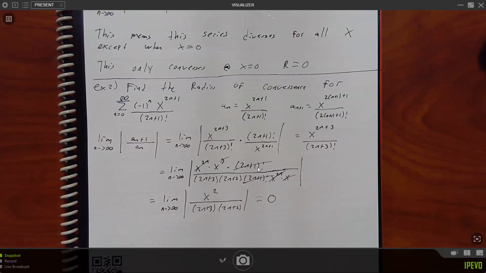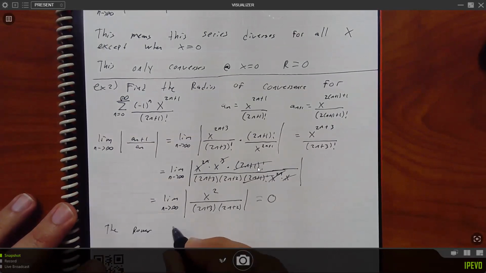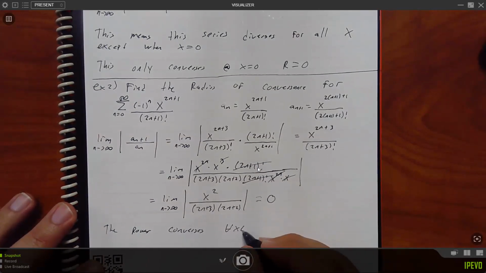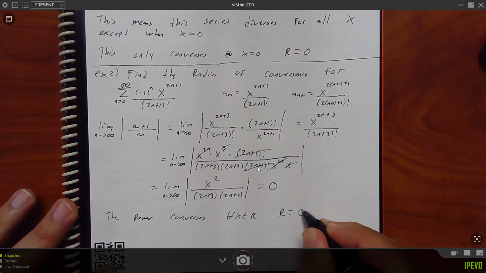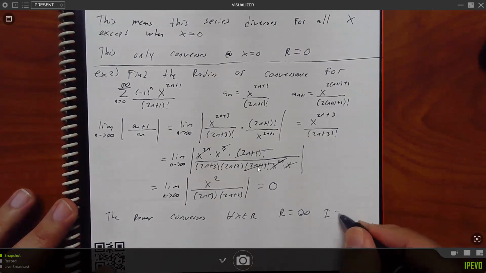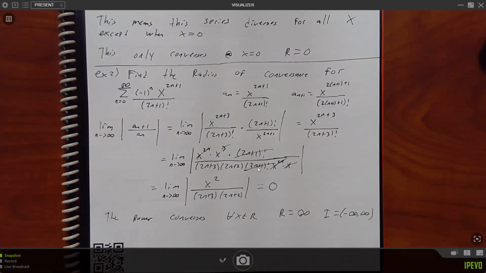But the radius of convergence will be for all x, right? Because x does not have any effect on the limit. This means that the power series converges for all x in R. So the radius would be infinite. The interval would be from here to here. They haven't asked for the interval yet, but eventually we're going to have to find it.